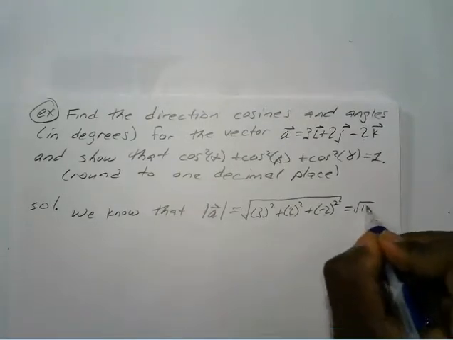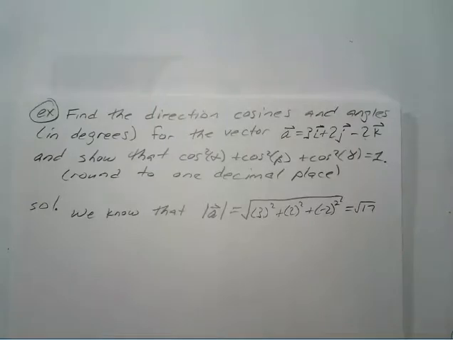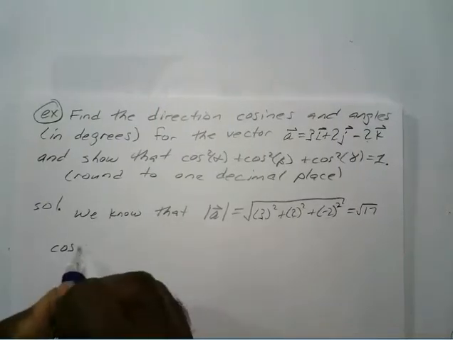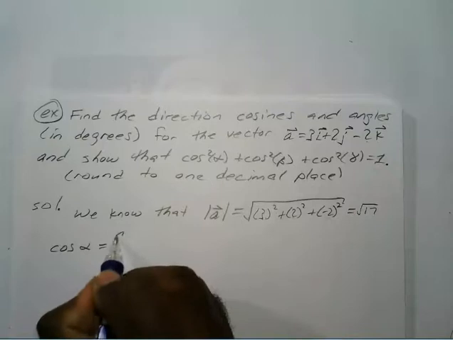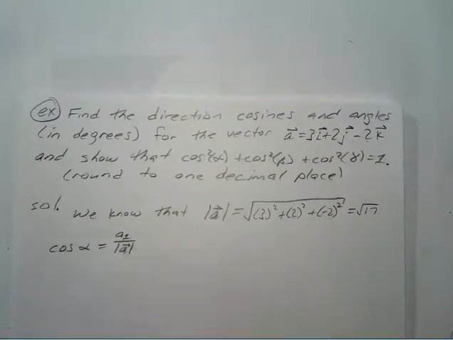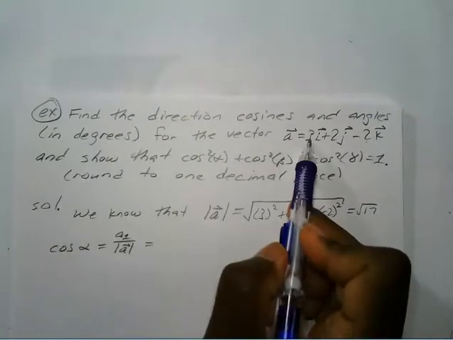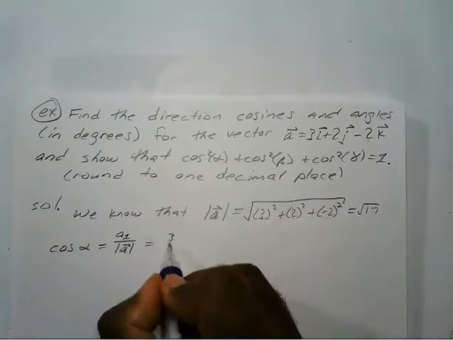You have the square root of 17. Okay, so that's our magnitude. You know that cosine of alpha is our first component divided by the magnitude of the vector. Okay, so that's 3 divided by square root of 17.